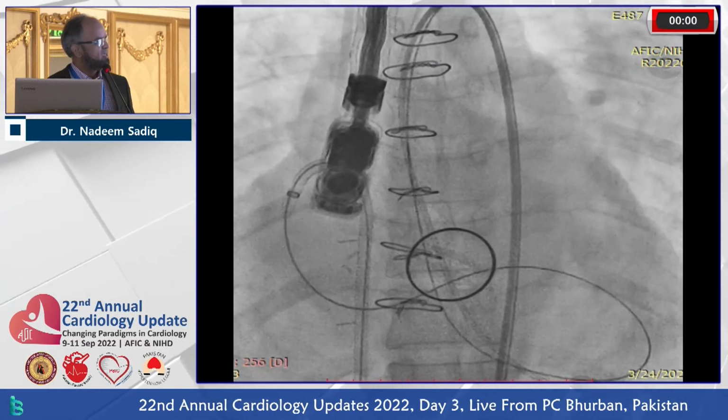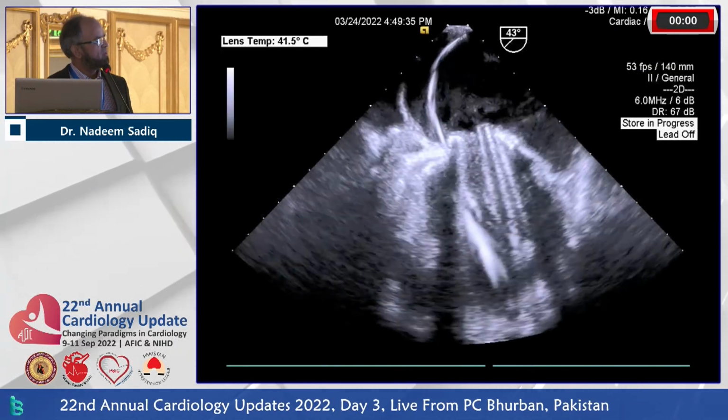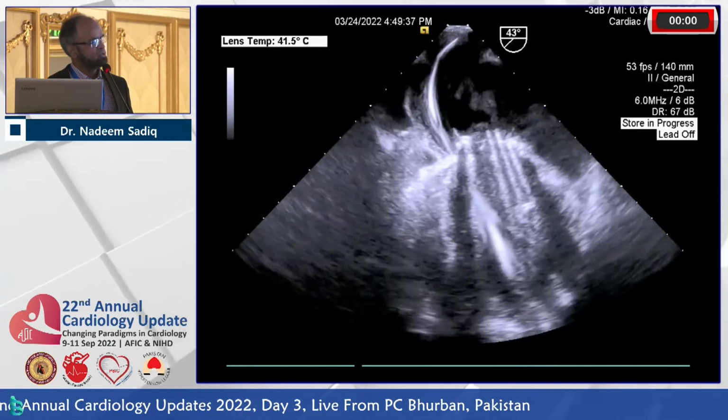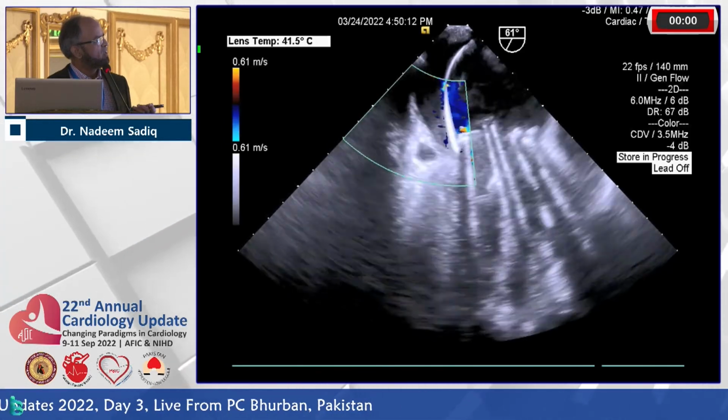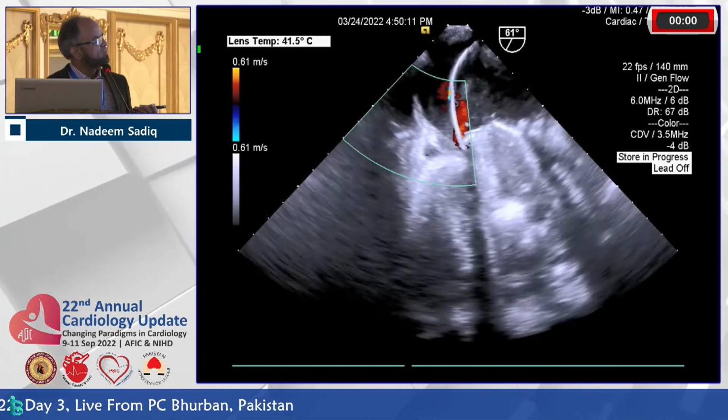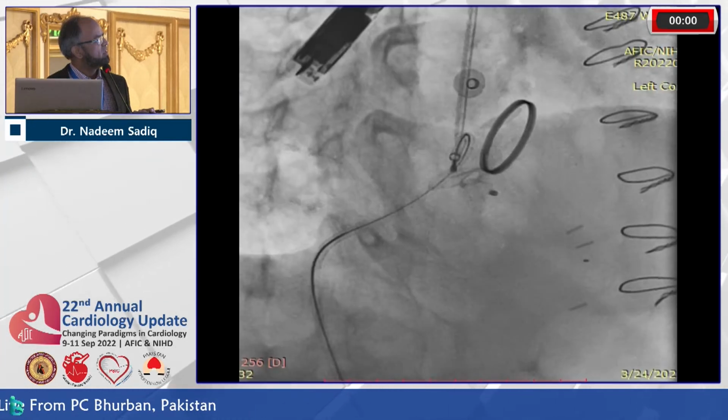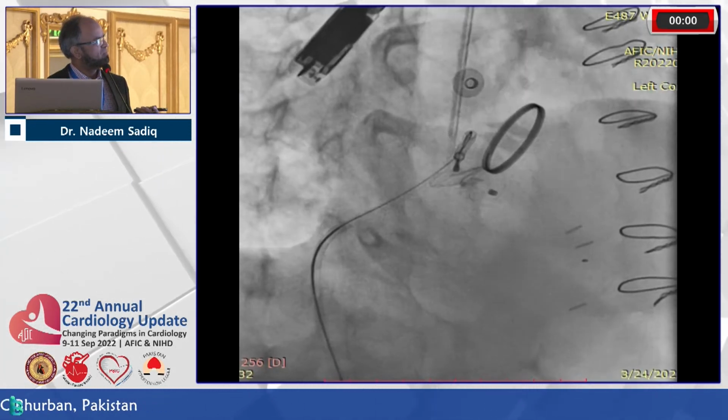A 7 French delivery system was passed, and a 12-10 device was used to close this defect.